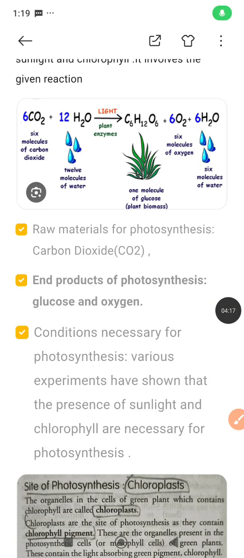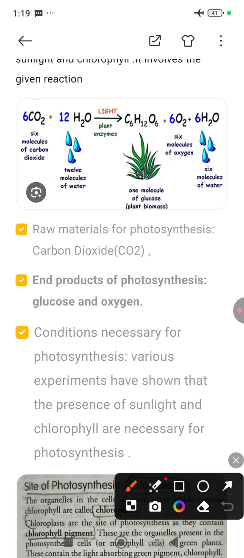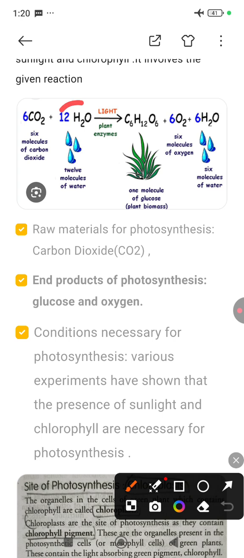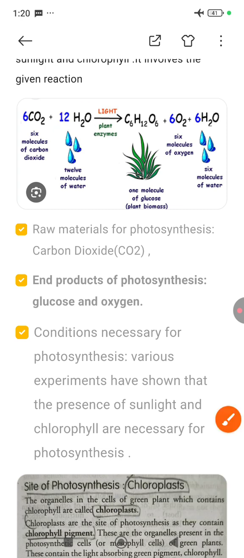Let's see the chemical equation of photosynthesis process. You can see there 6 molecules of carbon dioxide combine with the water molecules with the help of sunlight and chlorophyll. What do they produce?